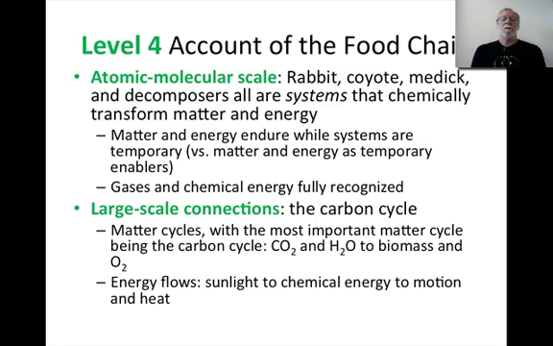For the level 1 students, the enablers such as food exist temporarily, while the things that endure are the rabbit and the coyote and the plants. And they fully recognize the role of gases in matter cycles, and they fully recognize chemical energy as a key kind of energy. So they make large-scale connections through the carbon cycle, in which matter cycles and energy flows.